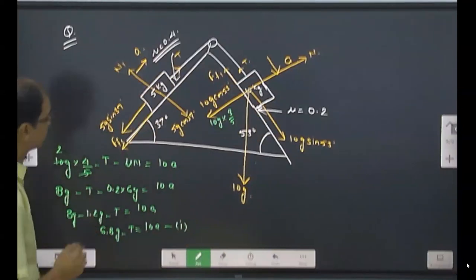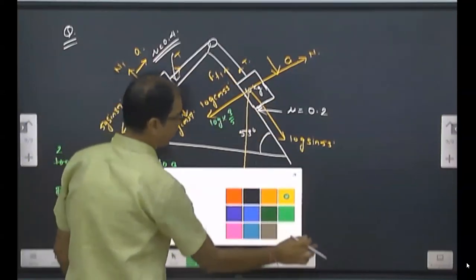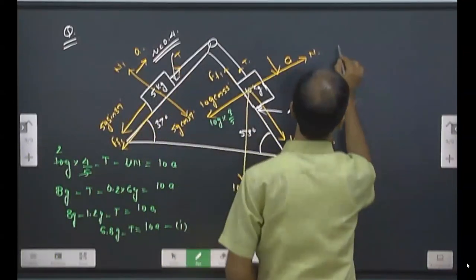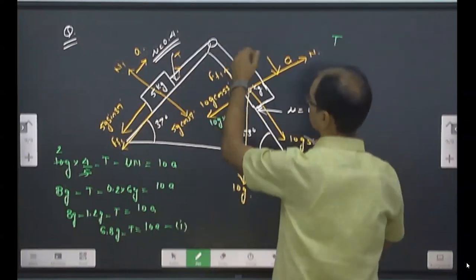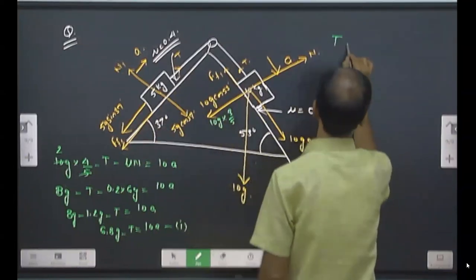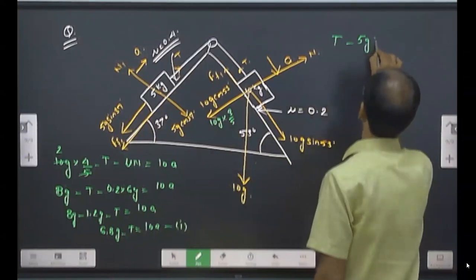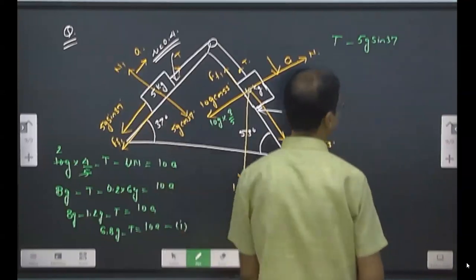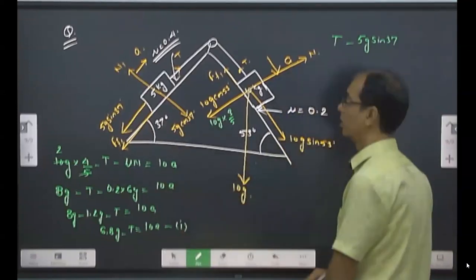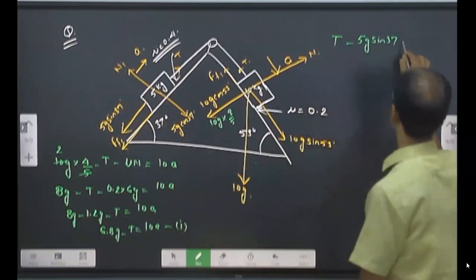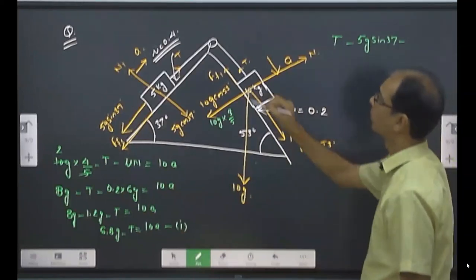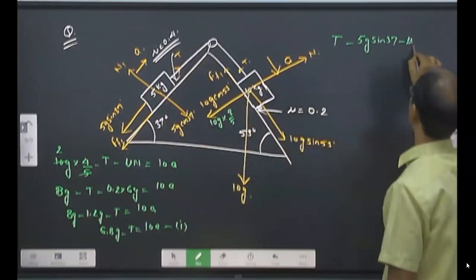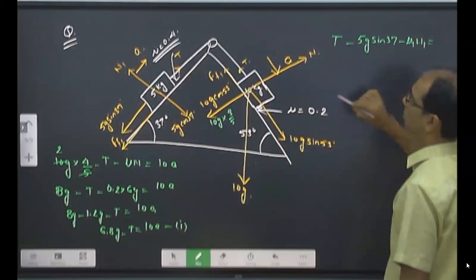Okay, so let's make its equation also. Its equation is T, because it's taking it upwards, T minus 5g sin 37, minus friction. Friction, what will you write? Mu1 N1. What is mu here? 0.4. So mu1 N1, equal to 5a.